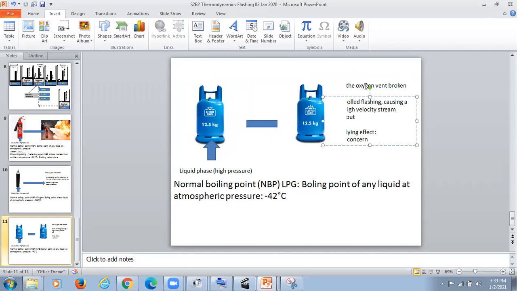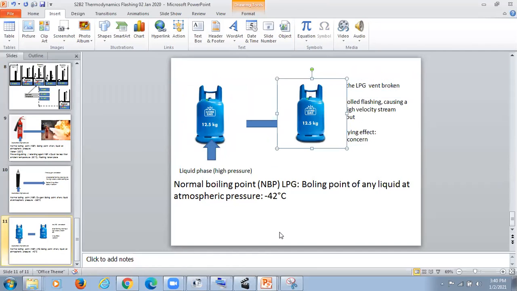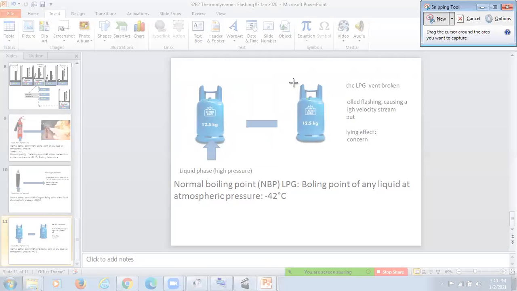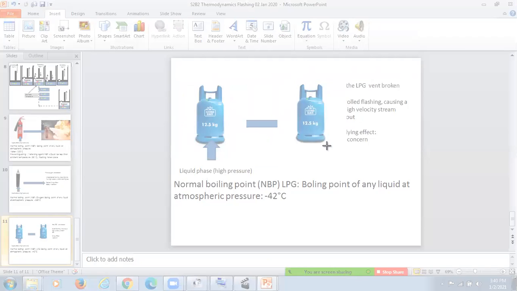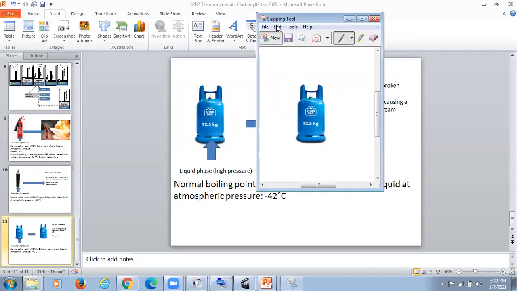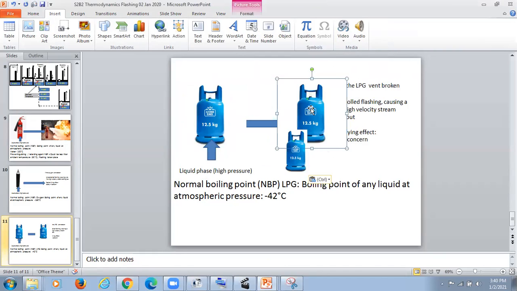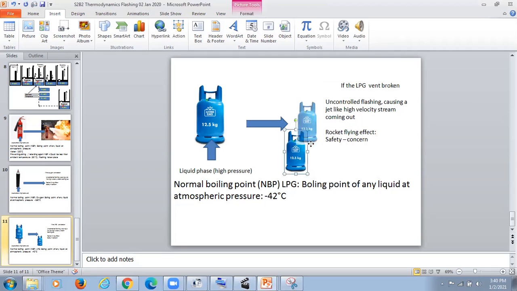If the LPG vent broken, of course there are gas cylinder accidents really, but people are not that well aware of the risk of this. Yeah, because once it happens, gone. Okay, so that is for sure.